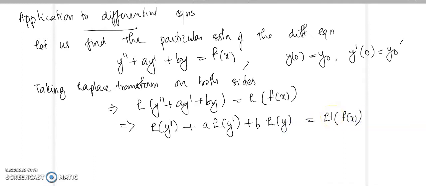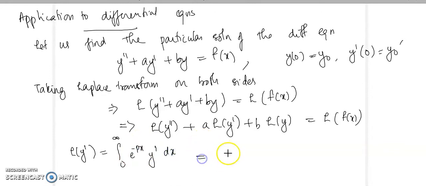Okay. Now let us look at what is the value of L of y dash and L of y double dash. Now L of y dash is defined as integral 0 to infinity e raised to minus px y dash dx.